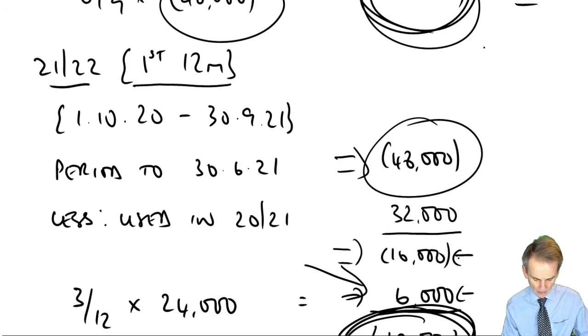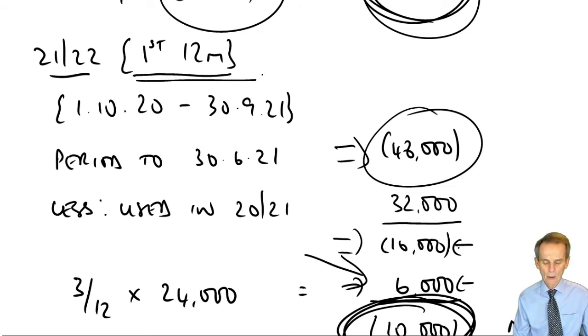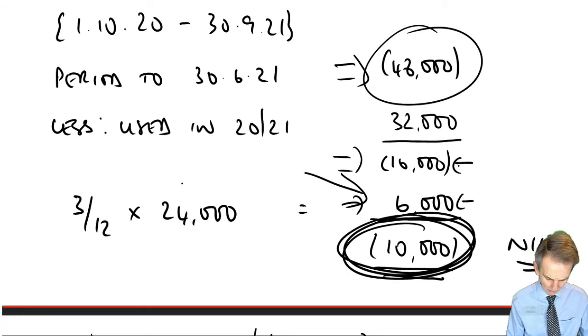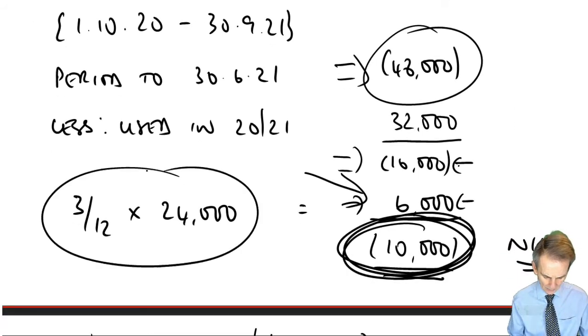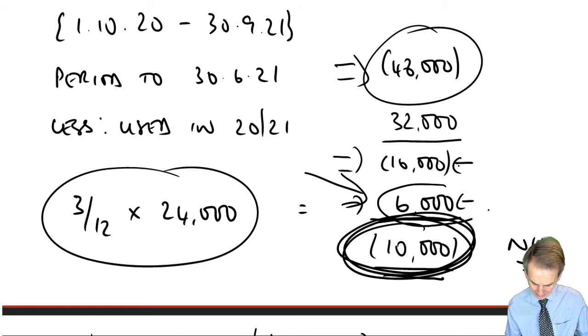What did we put into the 21-22 tax year? In 21-22, our basis period was the first 12 months. And although that took up all of the opening 9-month period of loss, what it also did was to include within it 3 months worth of the £24,000 of profit. That gave us that £6,000 profit there.